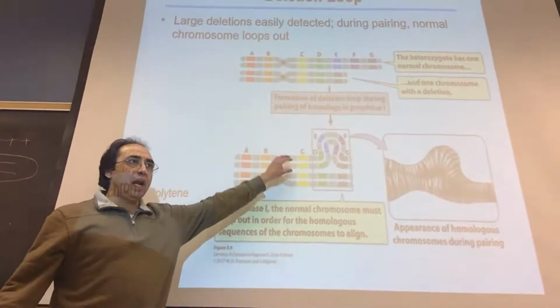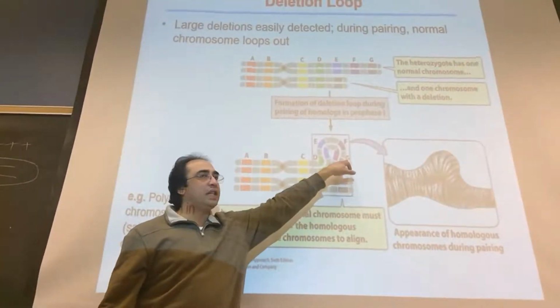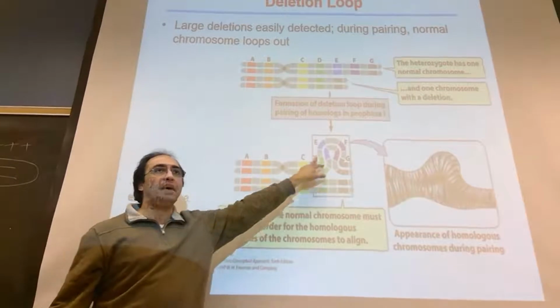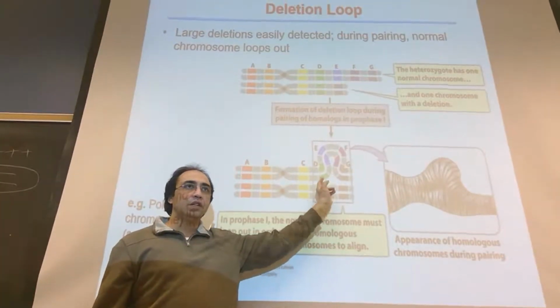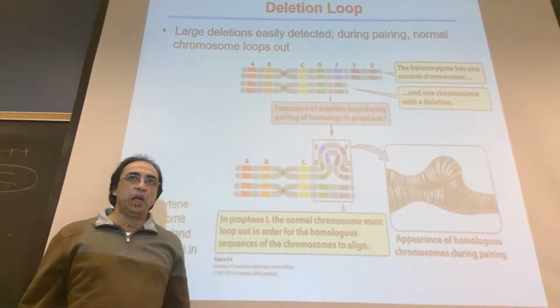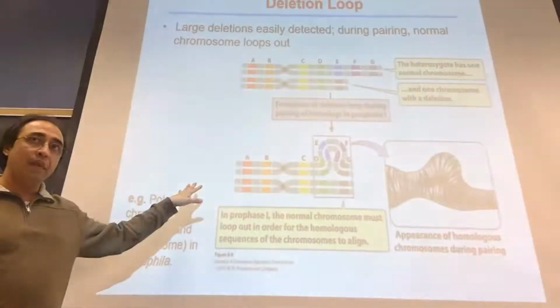So what will happen during prophase? They will form a loop, because G needs to match with the G here and D with the D here, but the EF part is missing from the deleted chromosome. So they will form this kind of loop, and that is always visible. This is called the deletion loop.